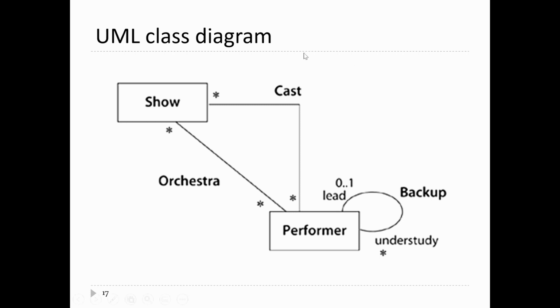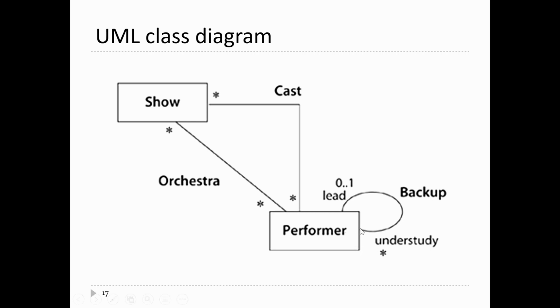Now, what about the cast? For the cast relationship, a show can have any number of performers in its cast, and a performer can be a cast member of any number of shows. And finally, you can have an association between two objects of the same type. In the backup role, we're trying to describe the role of a backup to a particular role.